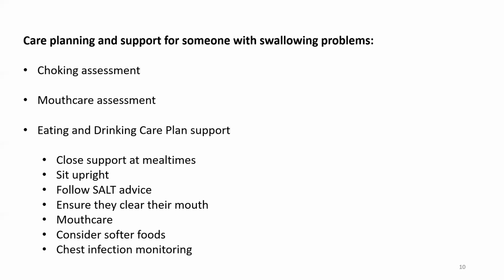So for someone with recurrent chest infections, even if they're not showing signs of coughing and choking at meal times, it doesn't necessarily mean that they're not aspirating. If they're getting recurrent chest infections, be mindful that it could be silent aspiration.